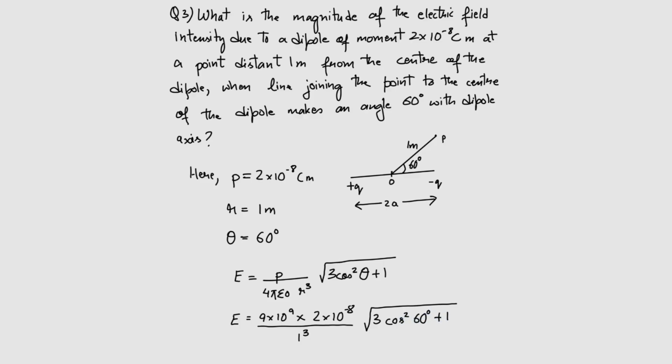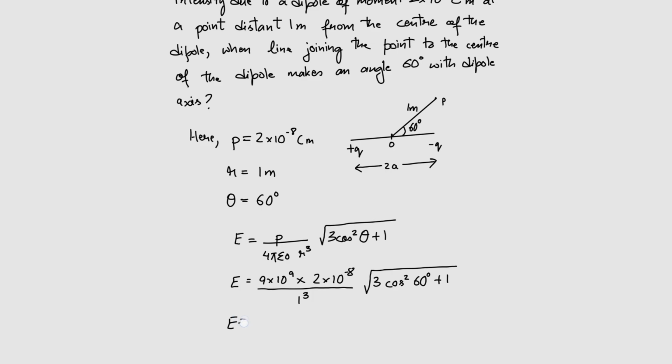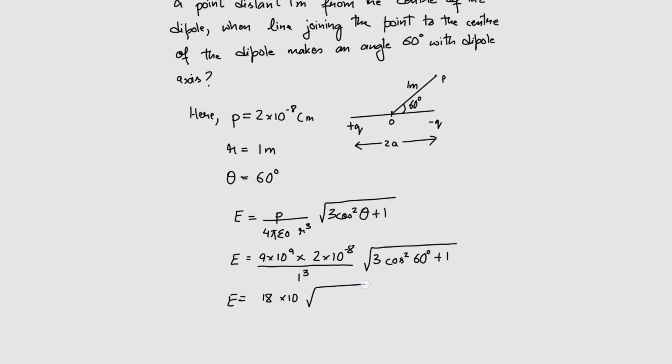So E is equal to 2 nines are 18, 10 to the power 9 into 10 to the power minus 8, which is 10 to the power 1, and this is divided by 1 cube, where 1 divided by 1 is always the number itself. Next, within the root, 3 cos of 60 degrees: the value of cos 60 is 1 by 2, but don't forget it is squared. So 1 by 2 square plus 1.